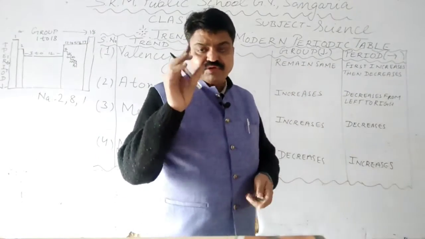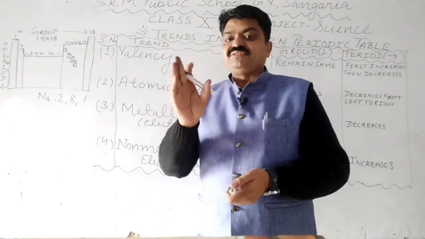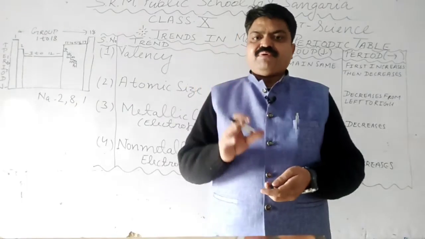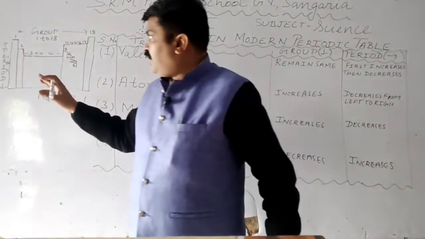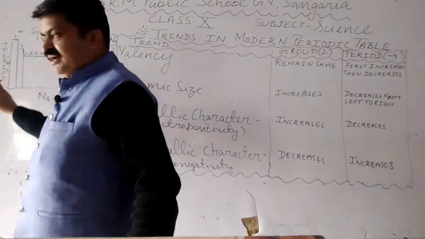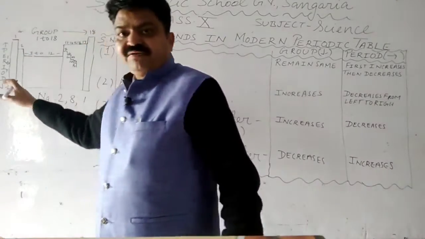Means in the outermost shell the number of electrons remains the same, student, and with the help of that we can know the valency. So all the first group elements have valency 1 and group 2 have 2.